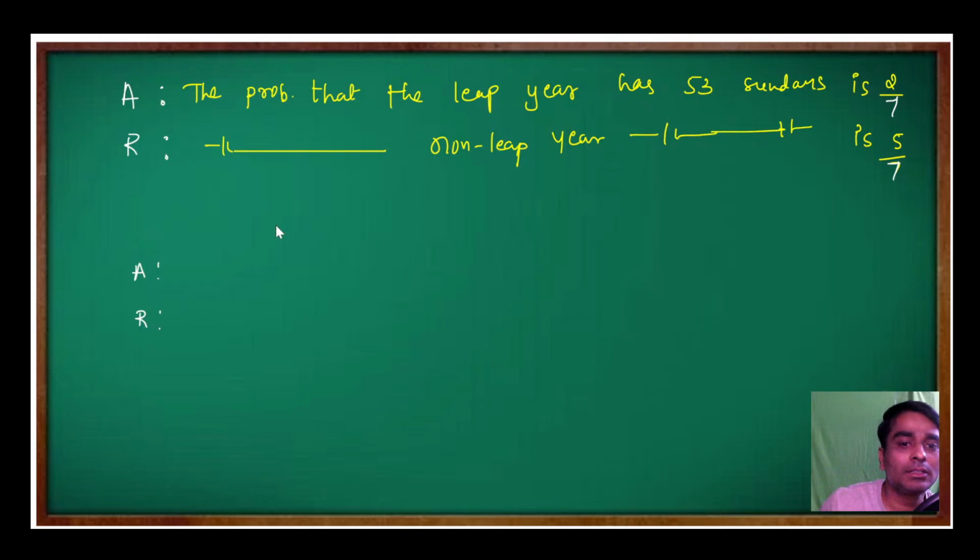Okay, first, what do you mean by leap year? 366 days will be there. That is called leap year. 366 days. First, this you should know.